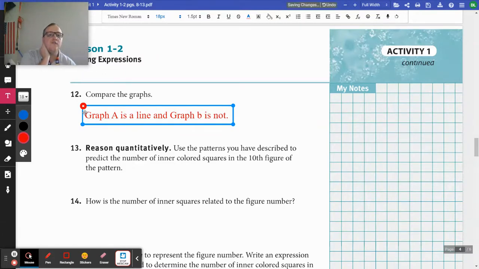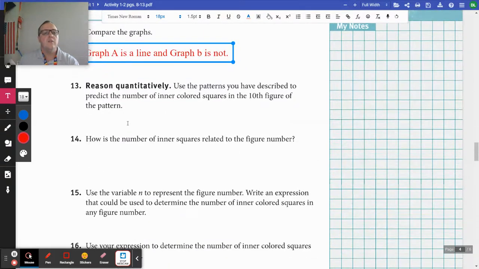Use the pattern you described to predict the number of inner squares in the 10th figure. All right, so the pattern that we discovered in number 8 says that the numbers in column 3 are squares of the numbers in column 1. That's the pattern we discovered, right?